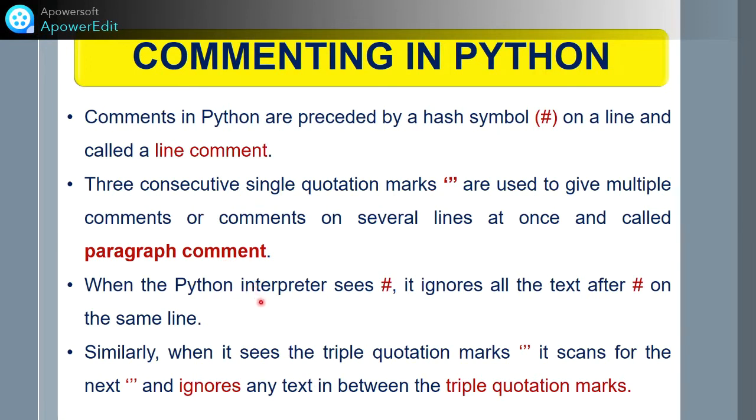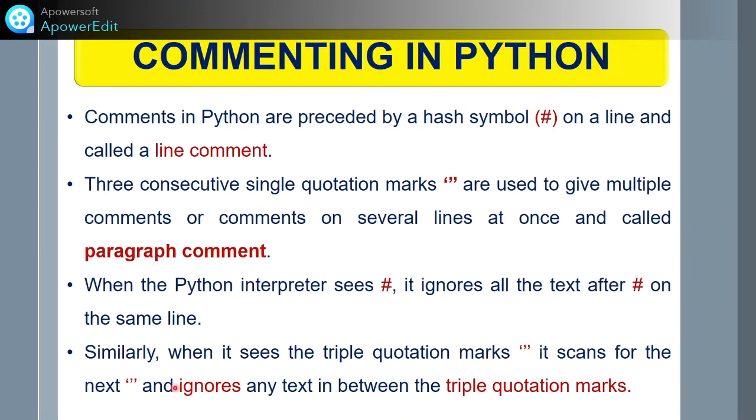When the Python interpreter sees the hash symbol in the program, it ignores all the text after the hash on the same line. Similarly, when it sees triple quotes, it scans for the next triple quote and ignores any text in between the triple quote marks.